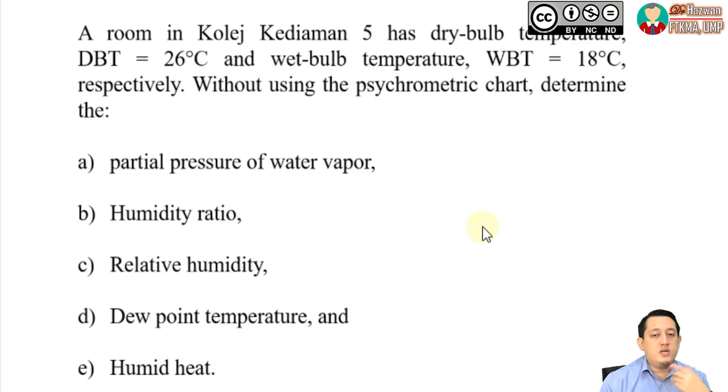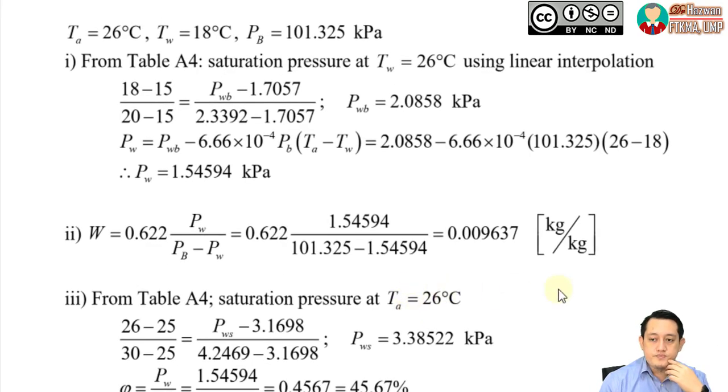All of this you can refer back to your lecture notes to find the suitable equation to use. So, in the condition of dry bulb 26, wet bulb 18 degrees Celsius, even though I didn't mention the total pressure, I told you already, you must use 101.325 kilopascal.